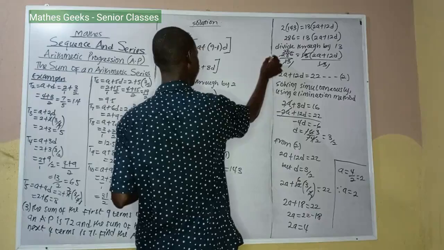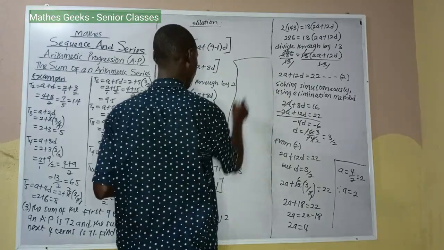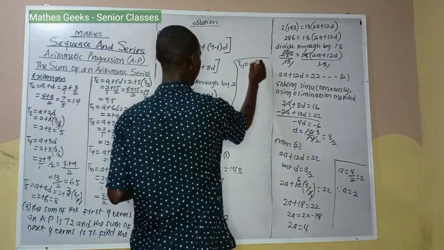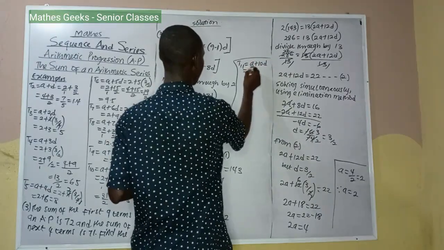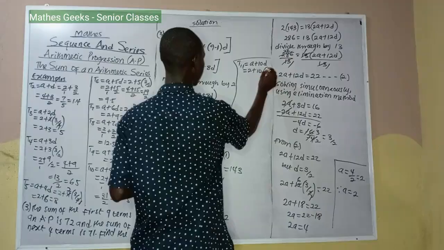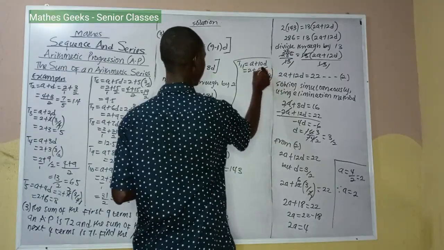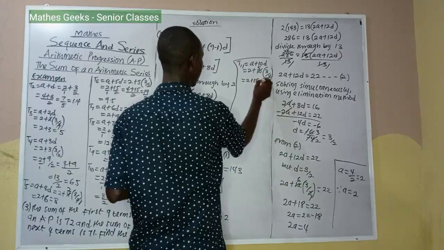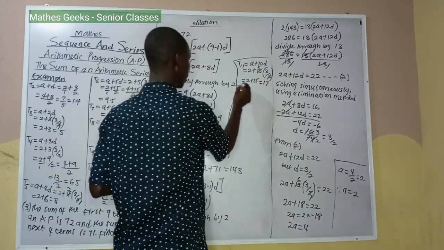So T11 is equal to A plus 10D. 2 plus 10 times 3 over 2. 2 here 1, 2 here 5. 5 times 3 is 15. 2 plus 15 is equal to 17.